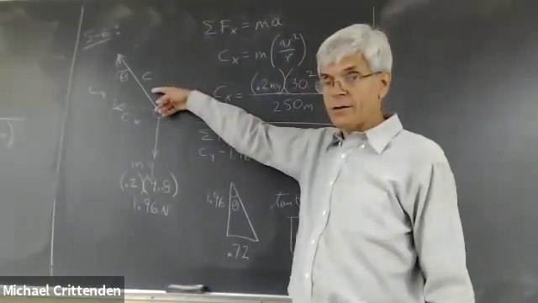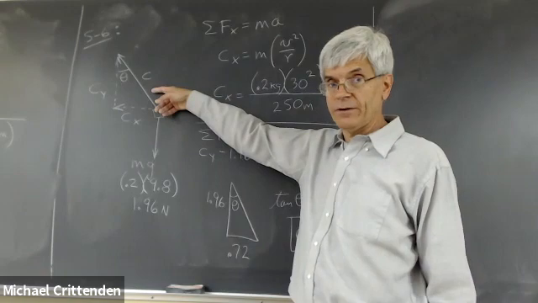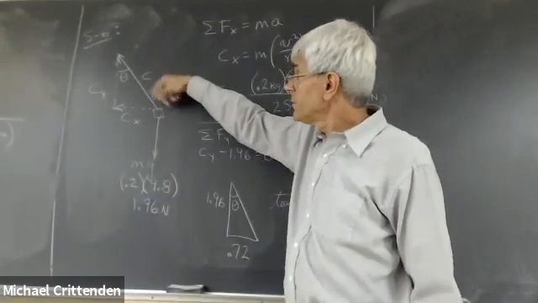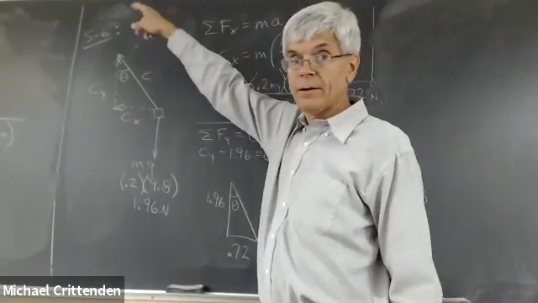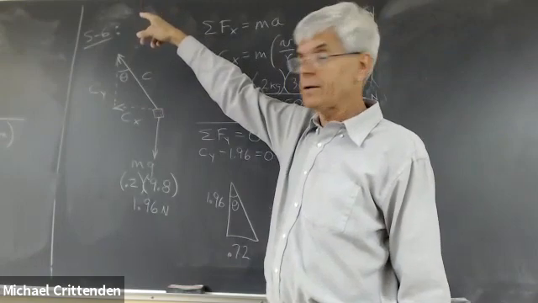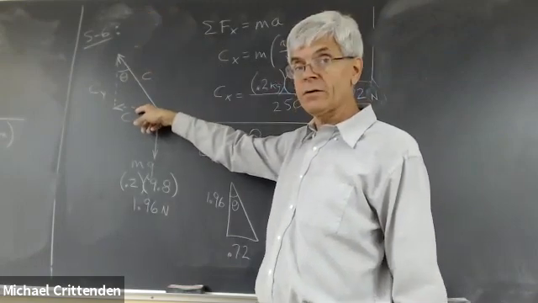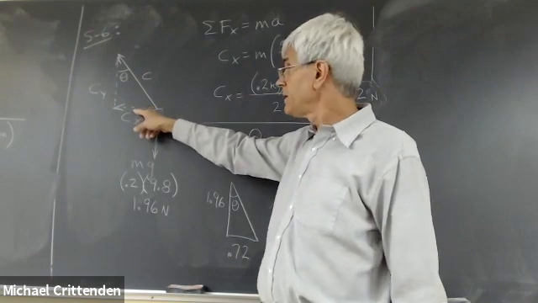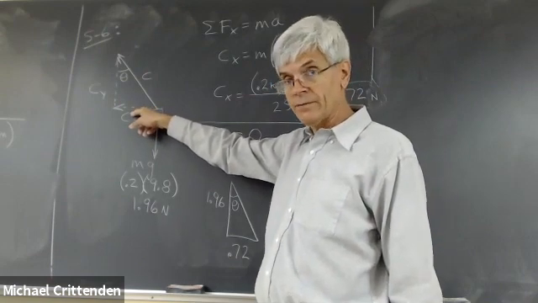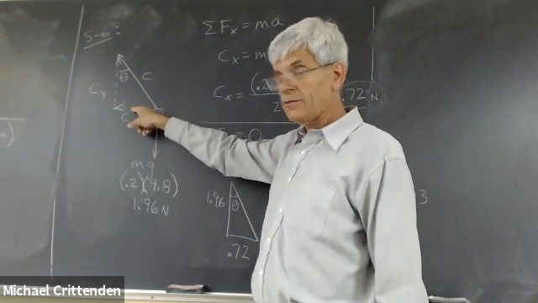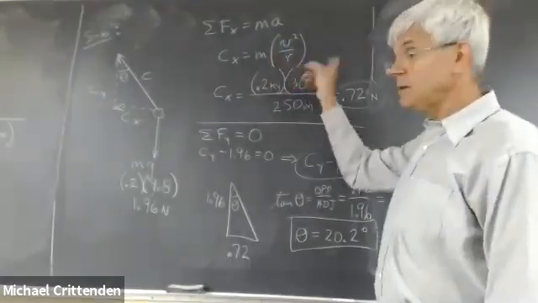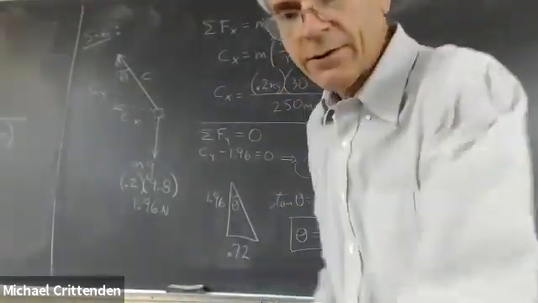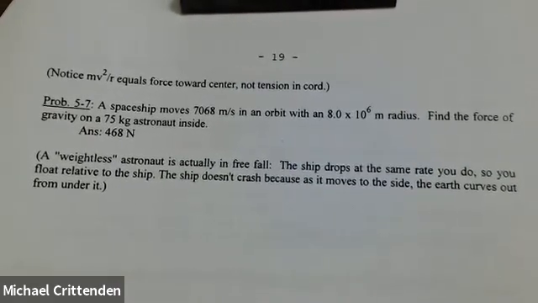The tension in the cord does not point toward the center of the circle. It points to some point above the center. The thing that points toward the center of the circular path is the x component of this force. So that's the thing that has to equal mv squared over r, not the string tension itself. Whatever is the net force toward the center equals mv squared over r.